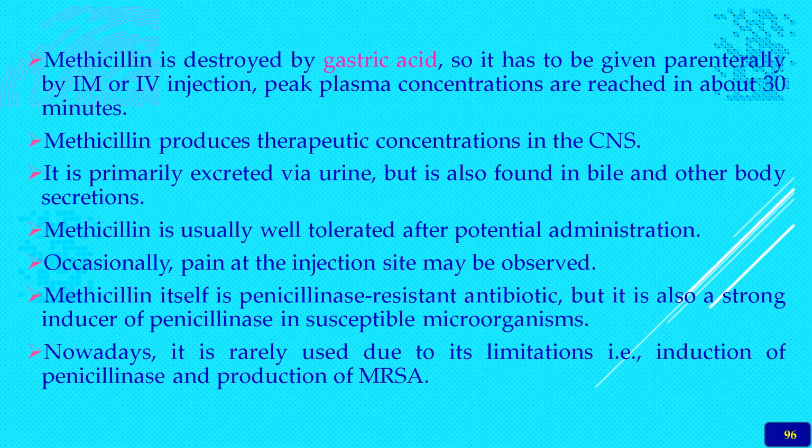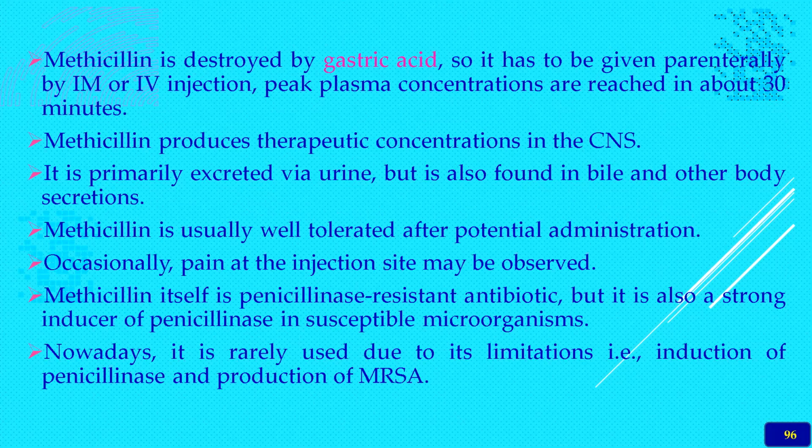Methicillin is destroyed by gastric acid, so it is given parenterally by IM or IV injection, and peak plasma concentration is reached in 30 minutes. This is applicable for all the penicillin derivatives. It gives a good concentration in the central nervous system.